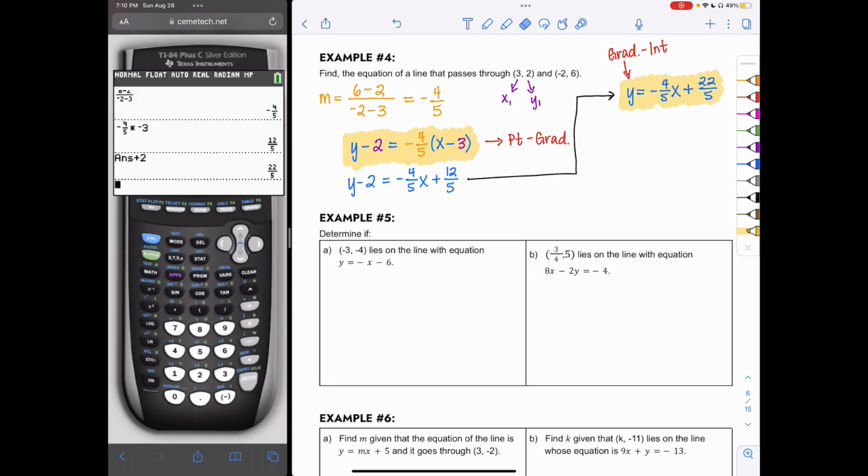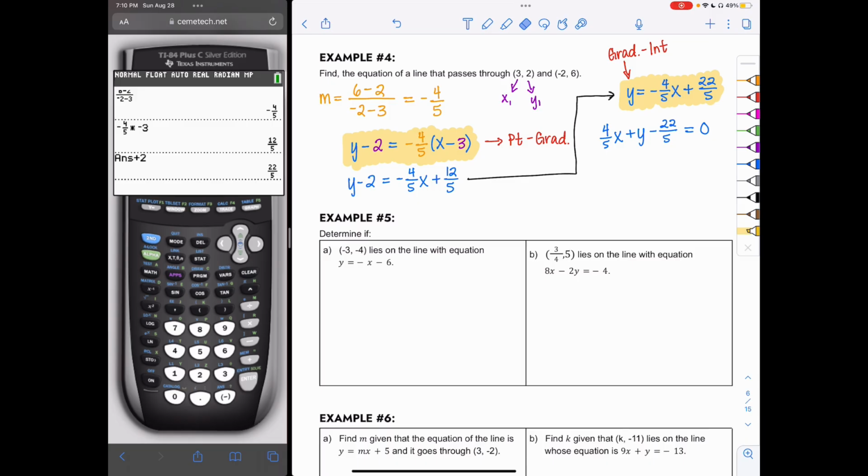Now, if I wanted to put this in general form, all I would have to do is set it equal to 0. So I'm going to add 4/5 x on both sides, and I'm also going to subtract 22 over 5 on both sides. When I do, I will end up having 4/5 x plus y minus 22 over 5 is equal to 0. Remember, the y does not change signs because it stayed on the left. It did not move.